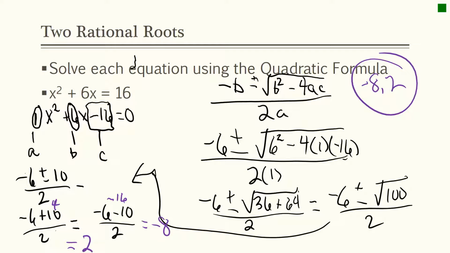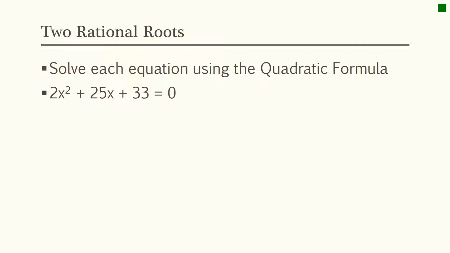There we go. We'll look at one more. Here we're going to solve the equation using the quadratic formula. We've got this quadratic equation, 2x squared plus 25x plus 33.